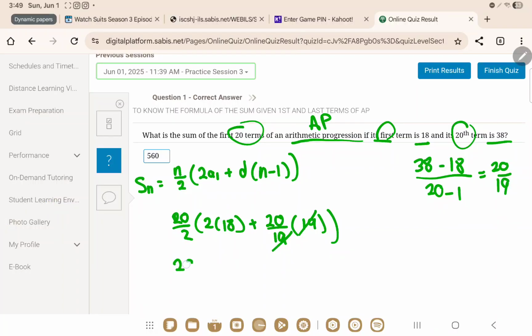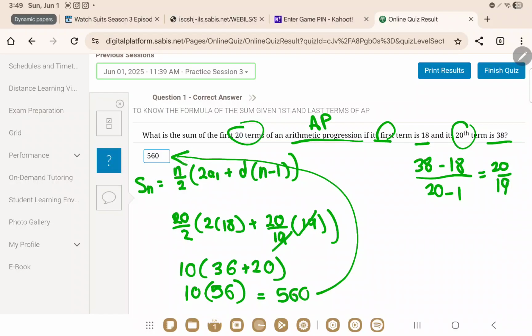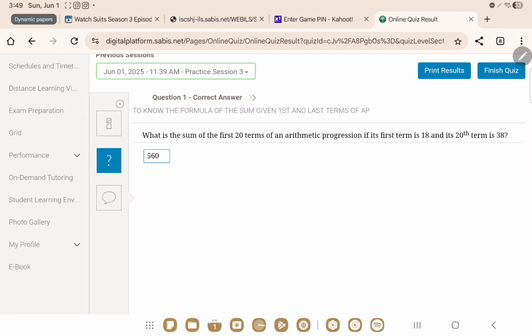You'll be left with 20 over 2, which is 10, into 36 plus 20. 36 plus 20 gives you 56. 56 times 10 is 560. And that is your final answer. Let's move on to the next question.